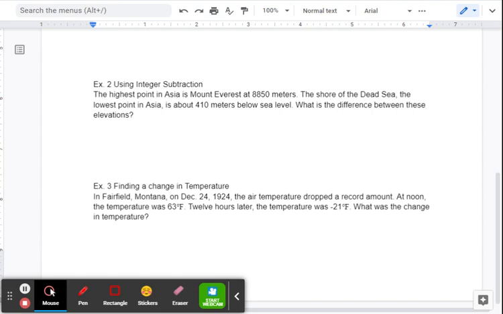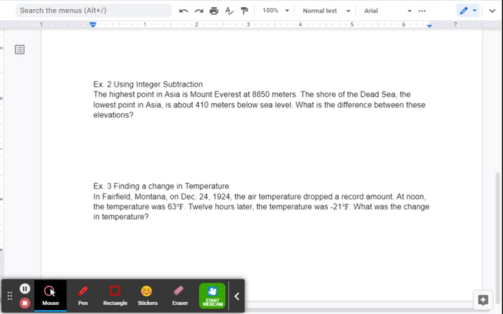So we were above 0 and then we went below 0. What is the change in the temperature? How am I going to set this problem up? If we were at 63 degrees Fahrenheit and we drop all the way down to negative 21 degrees Fahrenheit, what was the difference from 63 to negative 21? What equation am I doing? Logan?